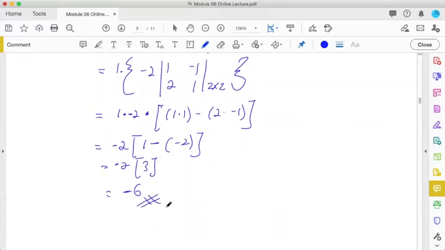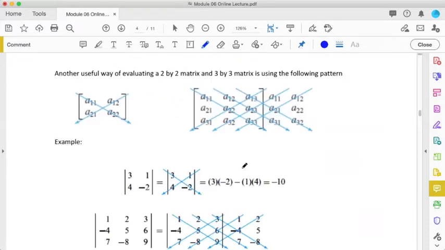Okay, so that's how you choose which column or which row to perform your cofactor expansion. Choose the one that has the most zeros. Another useful way of evaluating a determinant is by following this pattern, but this pattern is limited to 2 by 2 and 3 by 3 matrices.